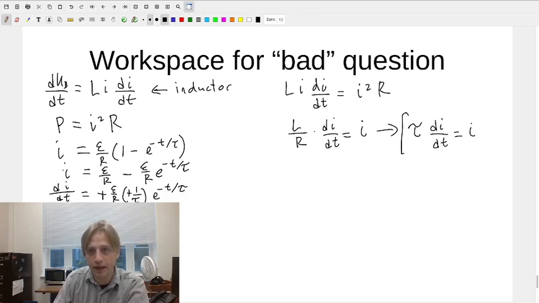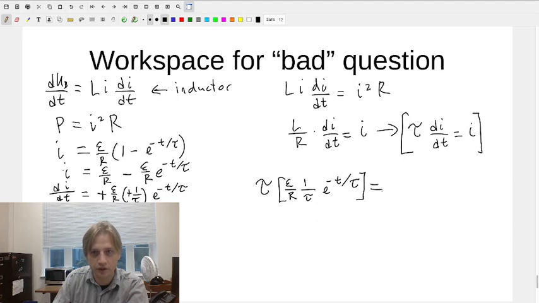I'm going to put these expressions in for my I. So I'm going to get tau times di/dt: tau times epsilon over R times 1 over tau times e to the minus t over tau equals I, which is epsilon over R times 1 minus e to the minus t over tau.